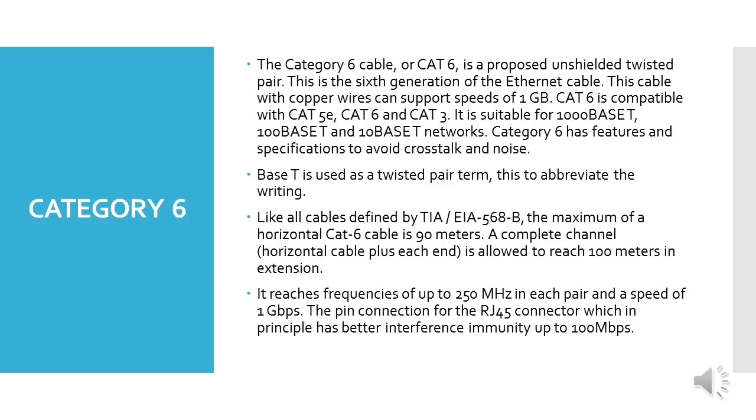Category 6 is suitable for 100 Base-T and 10 Base-T networks. Category 6 has features and specifications to avoid static and noise. It reaches frequencies of up to 250 MHz and each pair a speed of 1 Gbps.